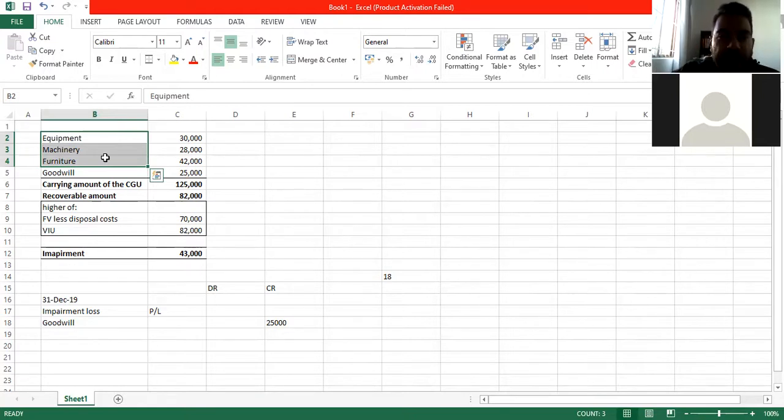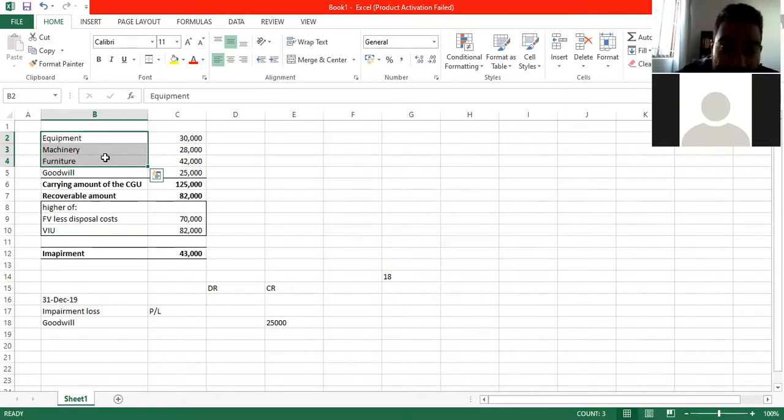There will still be 5,000 Rand left over of goodwill. In this scenario, the impairment exceeds goodwill. So we write off the impairment as far as there is goodwill, which is 25,000. But there's still 18,000 Rand left over.